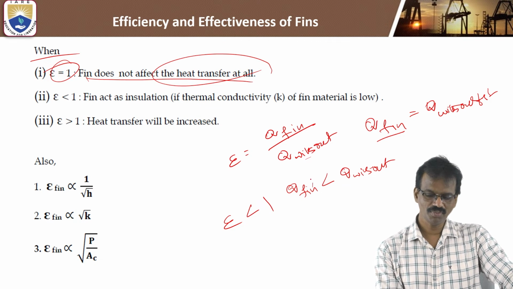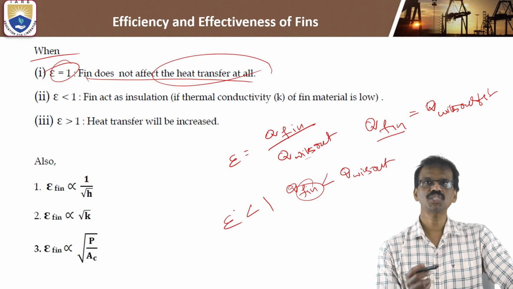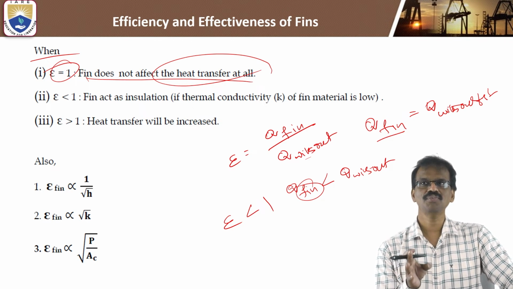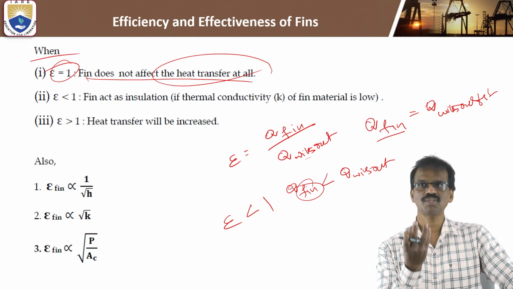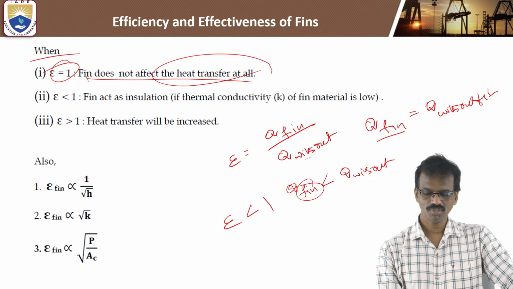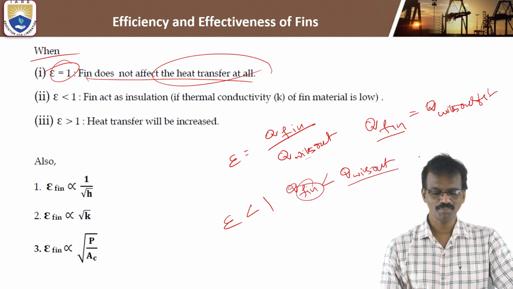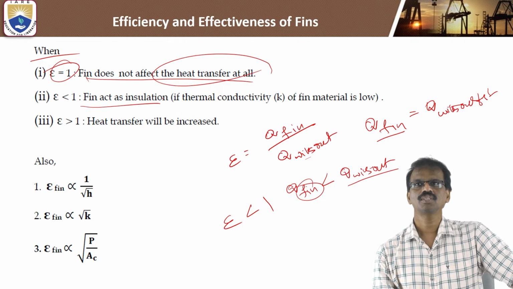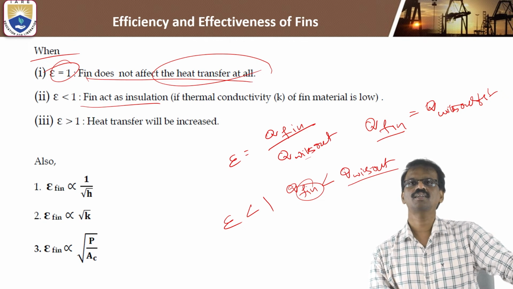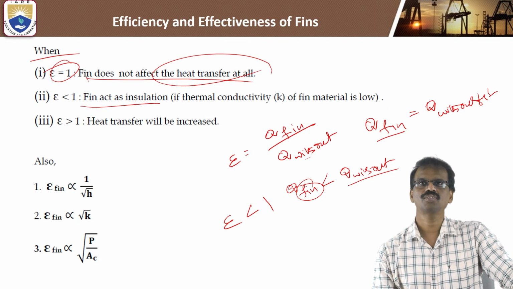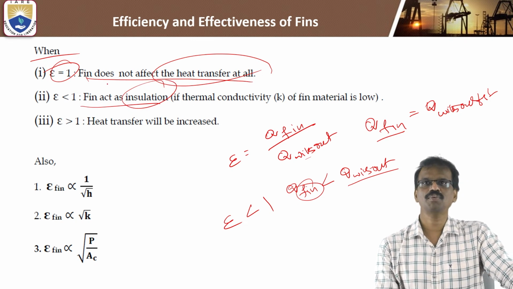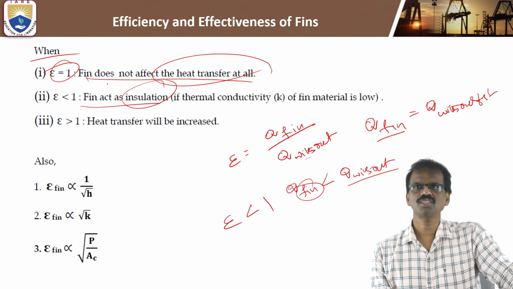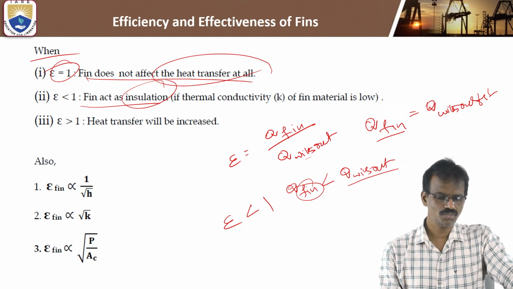It means the fin is acting as an insulating material, because by adding the fin, the rate of heat transfer is automatically decreasing. Instead of increasing the heat transfer, it is decreasing, so that is the insulating property. The fin acts as insulation. That is condition 2.